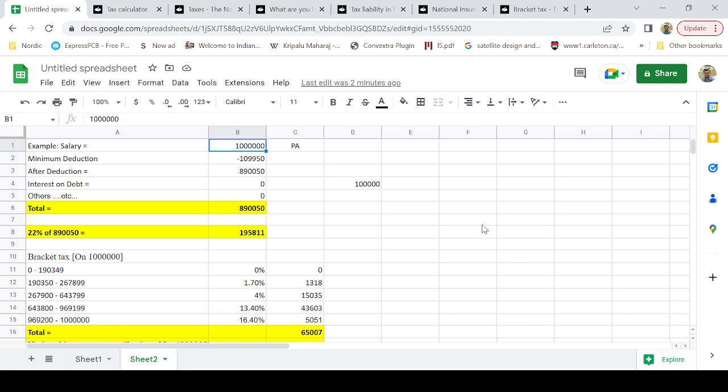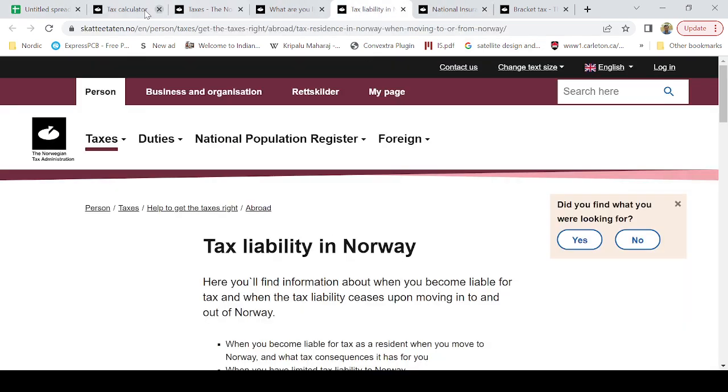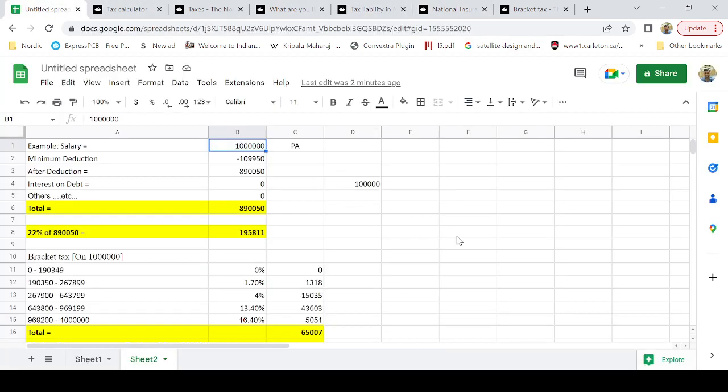If your company is giving 25 days holiday, it will be 12% of this amount. If your age is more than 60 years and your company is giving 22 days, it will be 12.5% of this amount. And if you are over 60 years and your company is giving 25 days holiday, it will be 14.3% of this amount. But that keeps on changing. You need to follow this page and find the exact holiday pay, how they are calculating it, right?